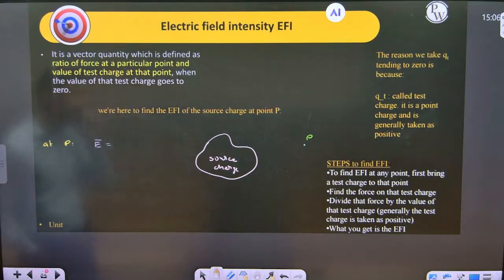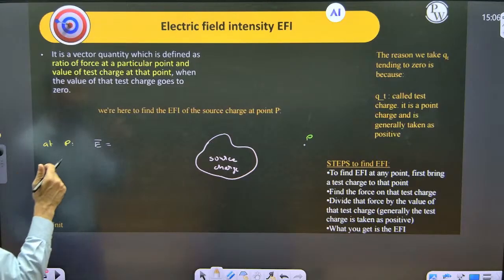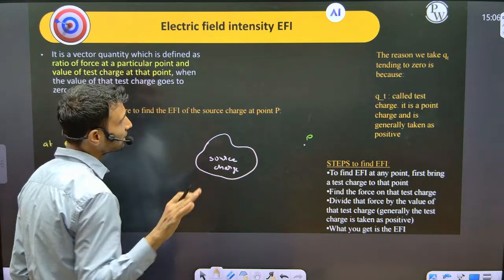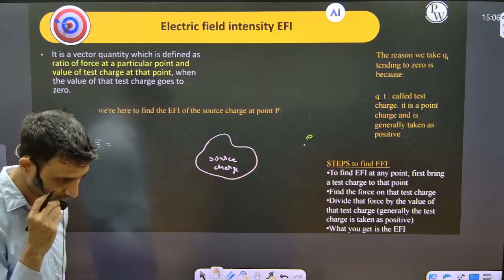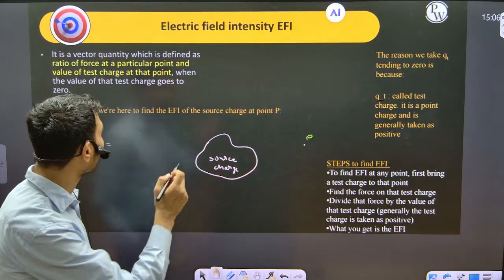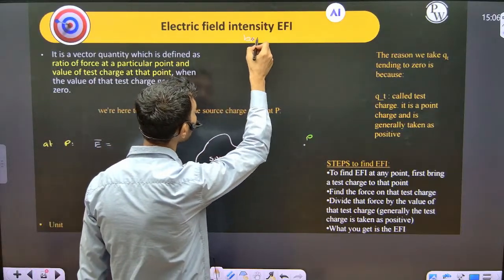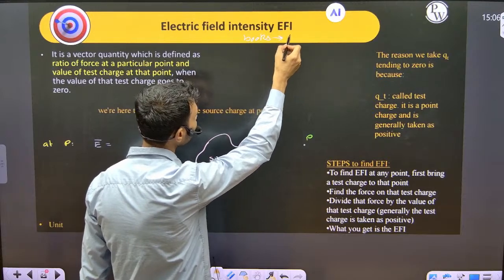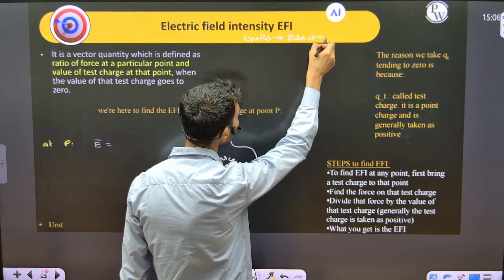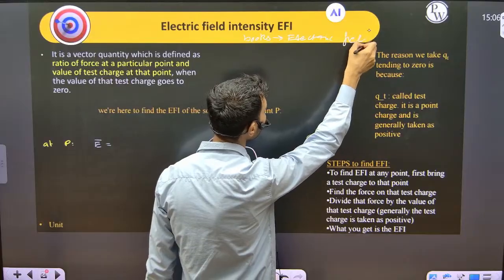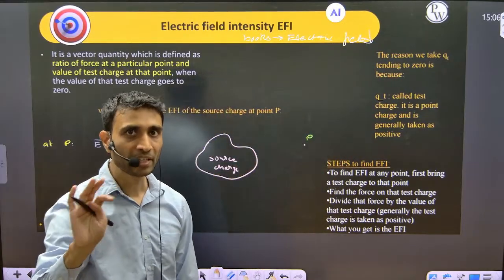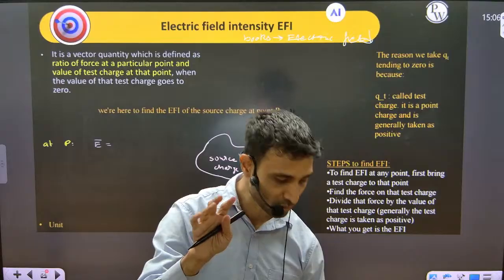So let us see what electric field intensity is. Books call it electric field. Kids, electric field is not the correct word. The correct word is electric field intensity, even though books call it electric field.